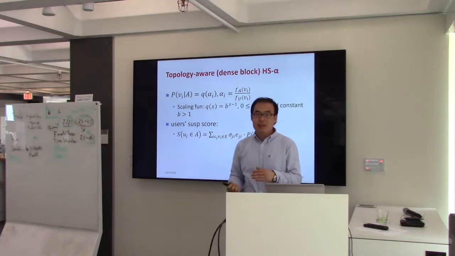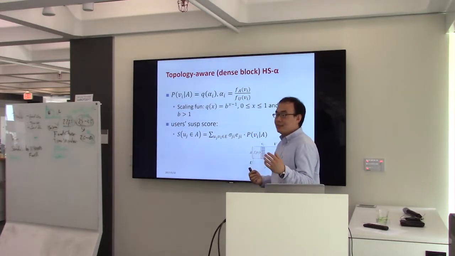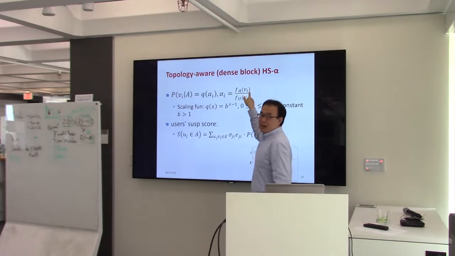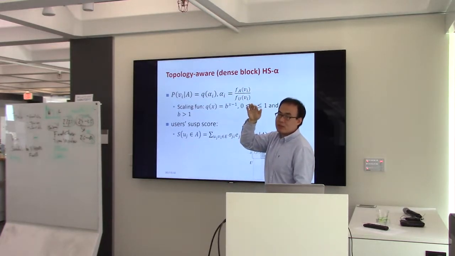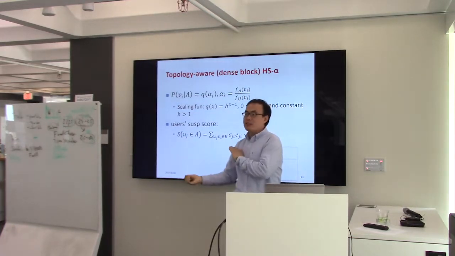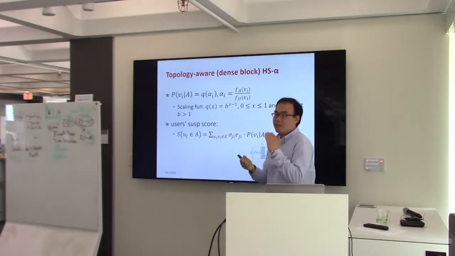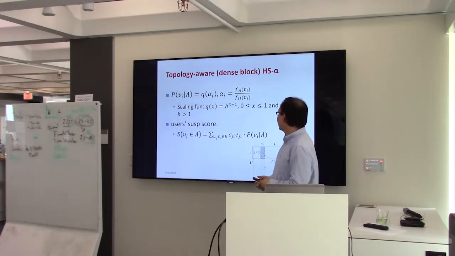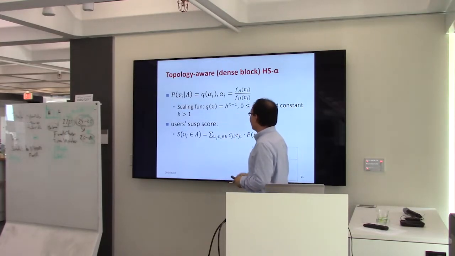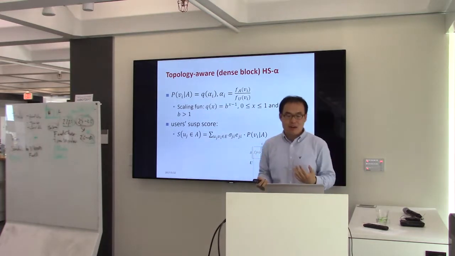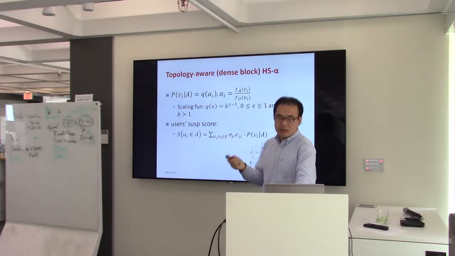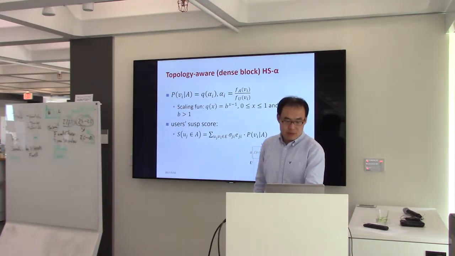This can be interpreted like this: only the group of users A connects to Vi, and the other users seldom have connections to Vi. So it's a contrast between the normal users and the fraudsters. We also choose the scaling function as an exponential function with base b, to make it between 0 and 1.